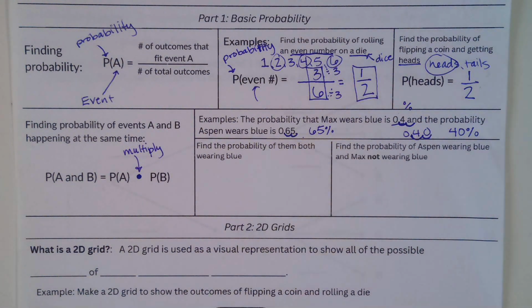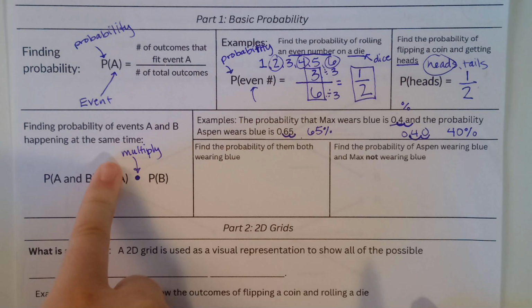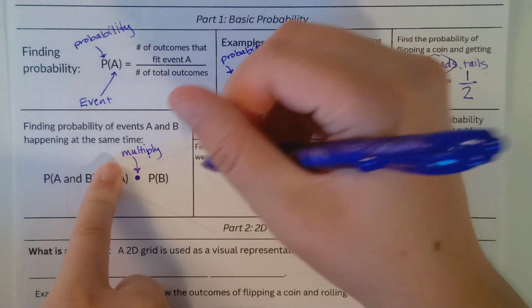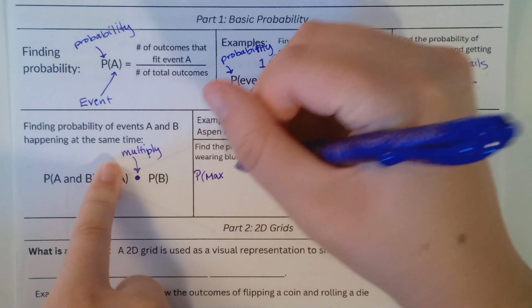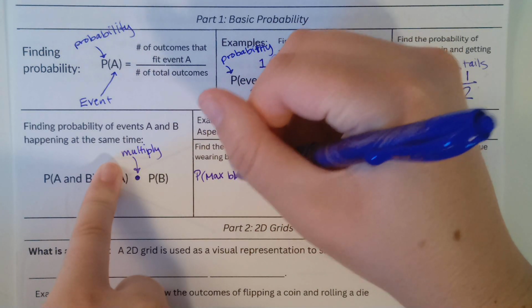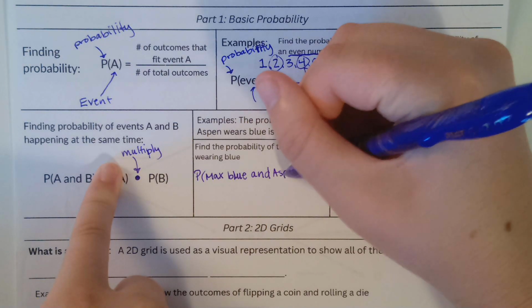So in this case, it says find the probability of them both wearing blue. So the probability of the things happening at the same time, that's really the probability of Max wearing blue and Aspen wearing blue.